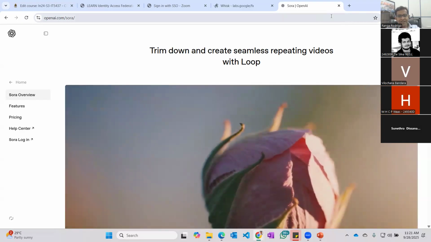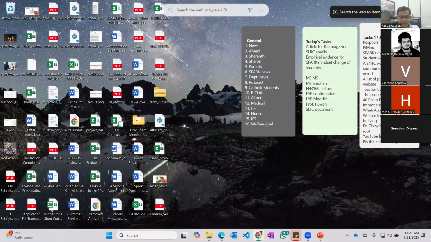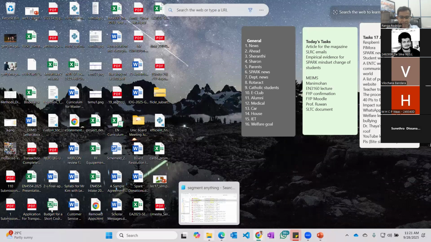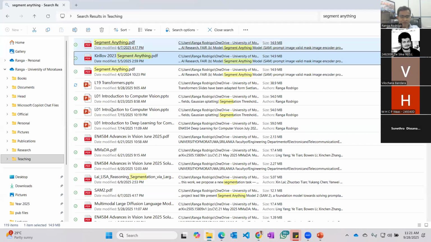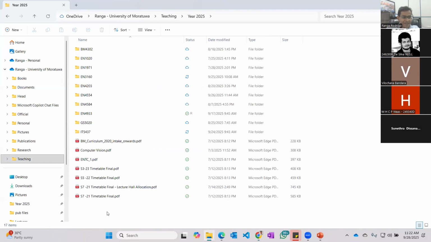Okay. So yes, I want to briefly talk about how we generate images. I won't go into detail.